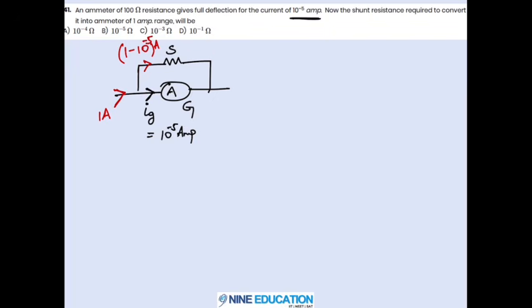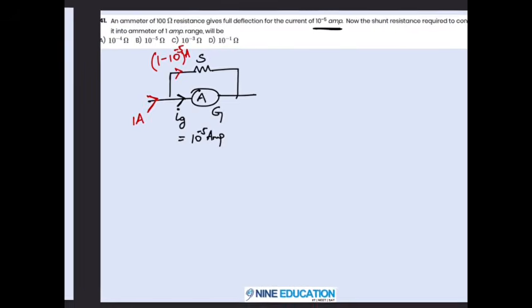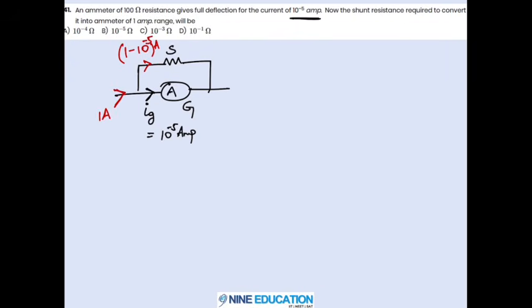So using KVL, Kirchhoff's voltage law, what is the potential difference across this path? IG into G. So I can write IG into G is equal to, what is the potential difference across this path? That is I minus IG into S.